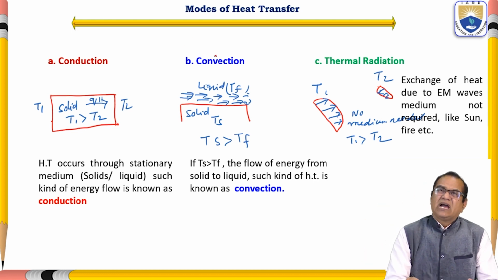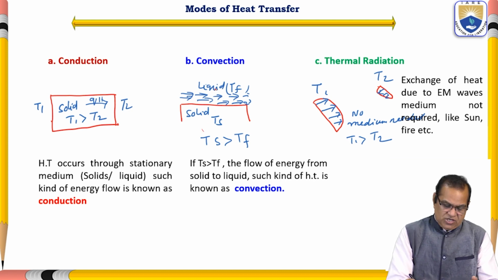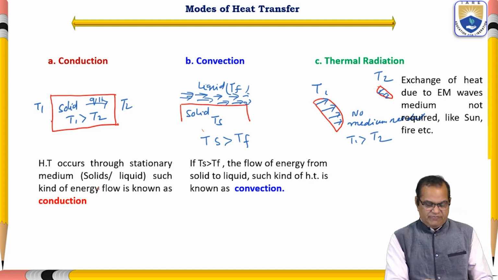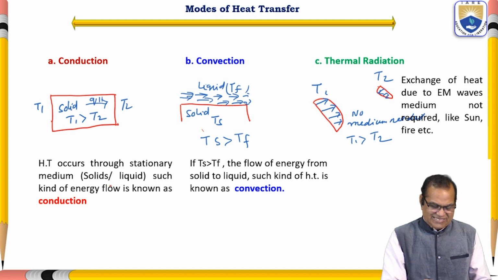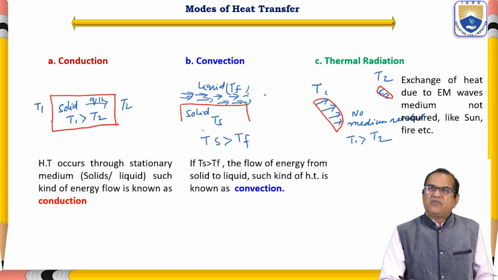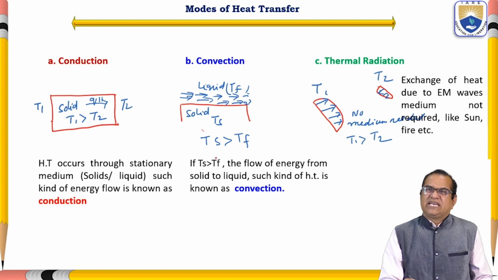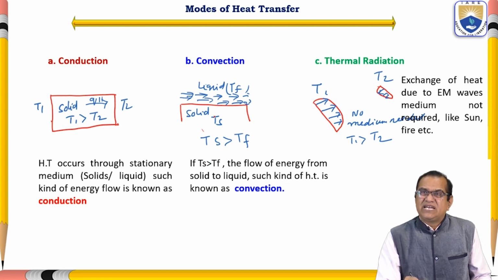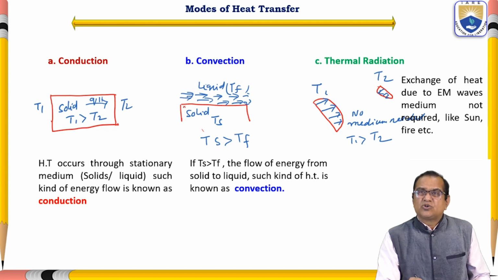Then we have convection. In convection, there is a solid and there is a fluid. If the heat transfer occurs through a stationary medium, that is the solid and the liquid, such energy flow is known as conduction. And if you see here, Ts is greater than Tf, meaning the temperature of the solid is greater than the temperature of the fluid, so your heat transfer will be in this direction.